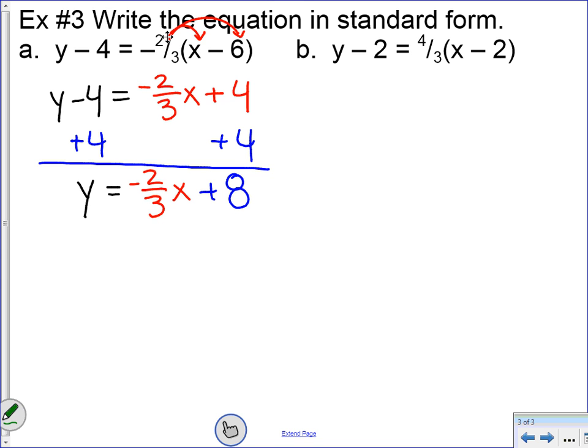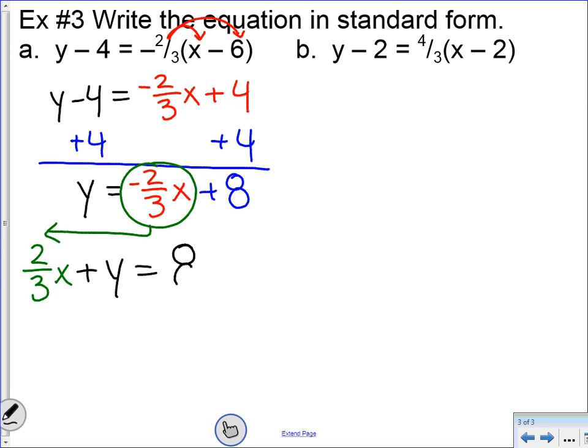So now I will continue on by moving my x to the other side, and when the 2/3 comes over, it becomes positive 2/3 x plus y equals 8. And as one final step, you know that you're not allowed to have fractions in standard form. So I'm going to multiply by the denominator, in this case, which is 3.